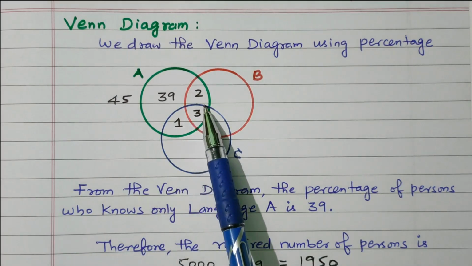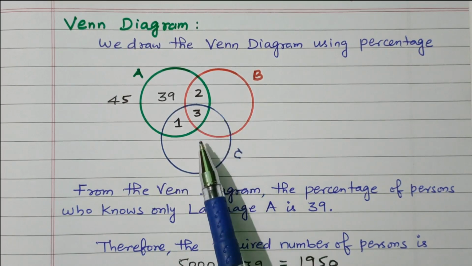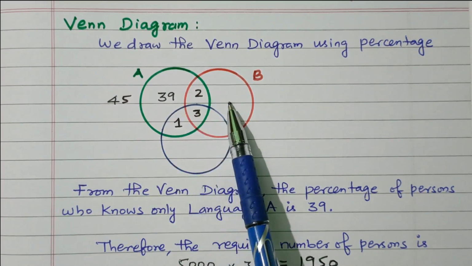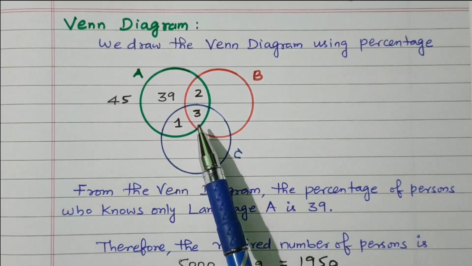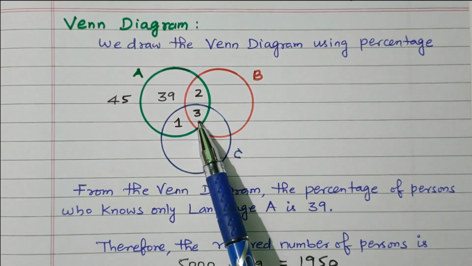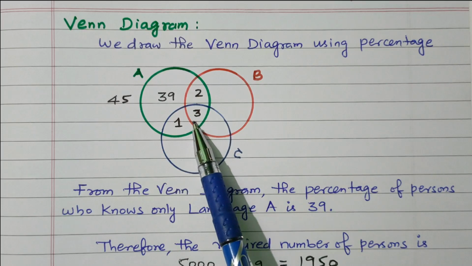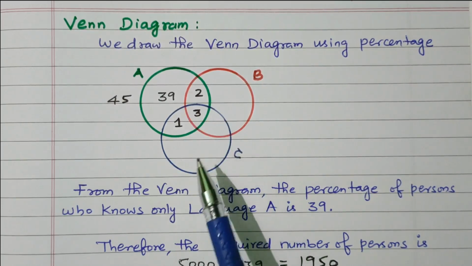So this area is nothing but the persons who know language A, B and C, right? A intersection B intersection C is this area, that is given as 3%. The percentage of persons who know language A, language B as well as language C is 3%, right? So that is filled in the common area, A intersection B intersection C.